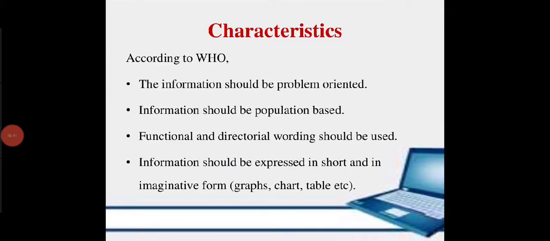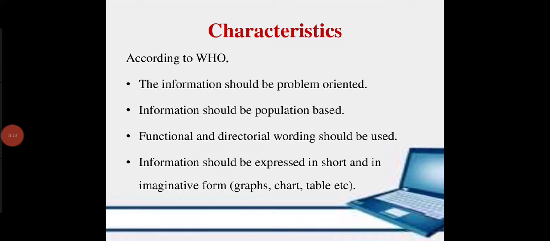And the characteristics are, according to WHO, the information should be problem oriented. Information should be population based. Functional and directorial wording should be used. Information should be expressed in short and imaginative form by using graphs, charts, or tables. Okay? In the MIS, whatever information you are giving should be problem oriented.